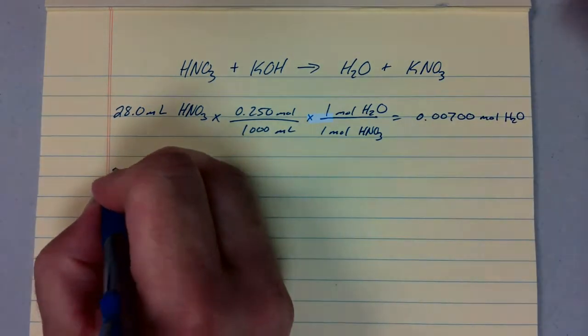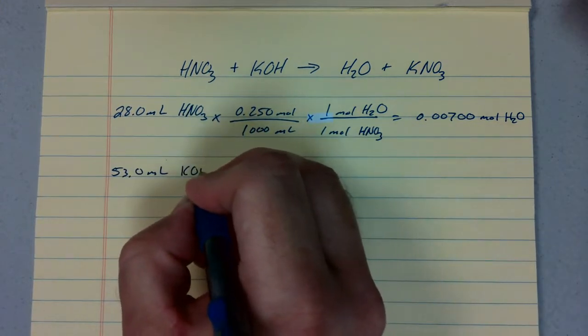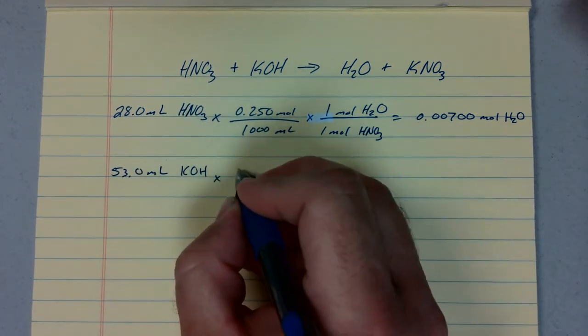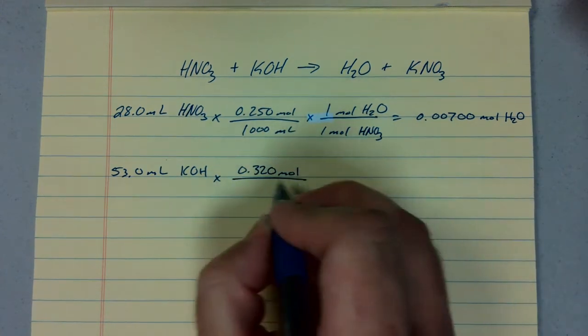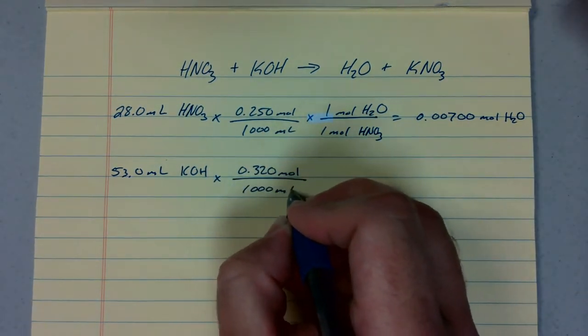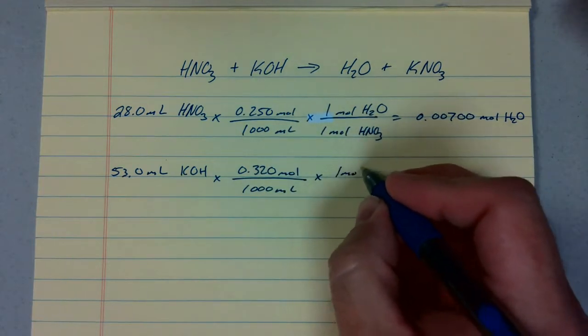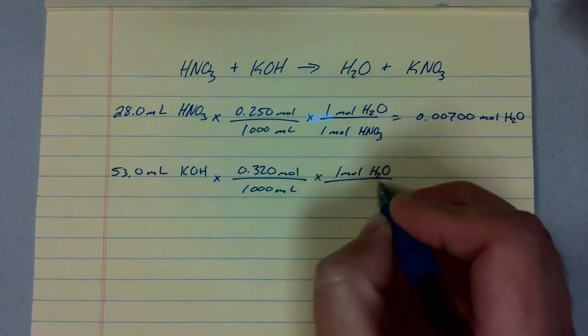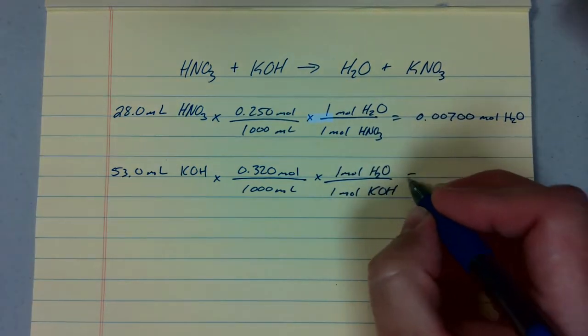Not sure yet. So we got 53.0 milliliters of potassium hydroxide, which is 0.320 moles of potassium hydroxide per 1,000 milliliters. Again, it's a 1-to-1 ratio, 1 mole of water is produced from every 1 mole of KOH.